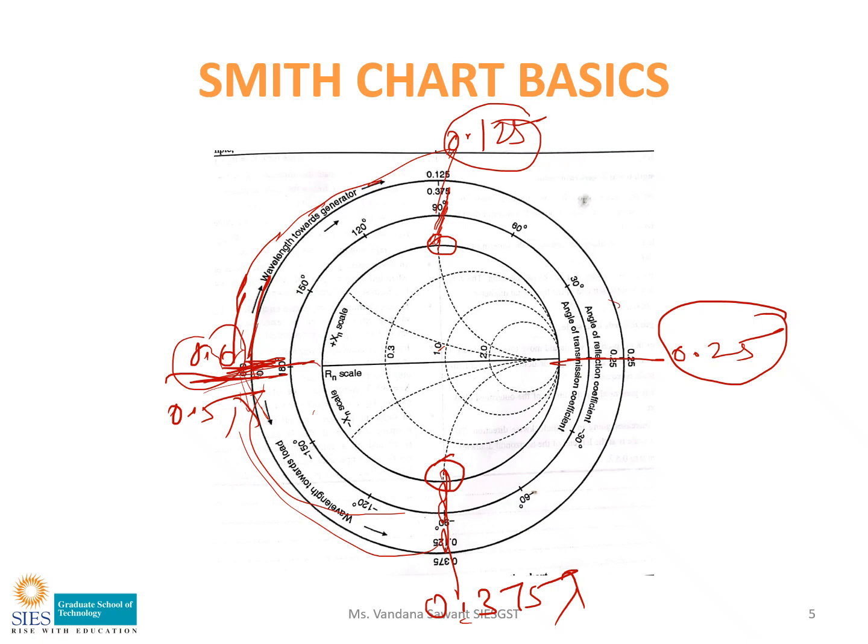So the total length of the circle is from 0.0 lambda to 0.5 lambda, that is lambda by 2. For the total 360 degrees, the length of the Smith chart in terms of wavelength is lambda by 2. In this way you have to locate various points on the Smith chart and read out the wavelength related to that point. Thank you.